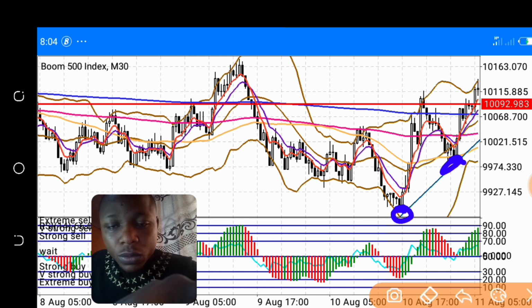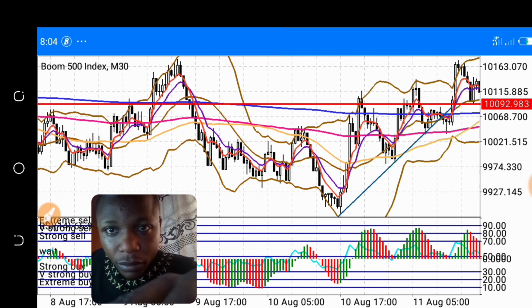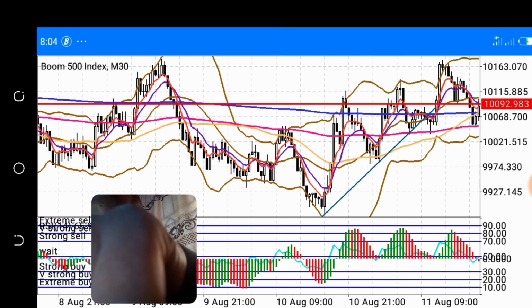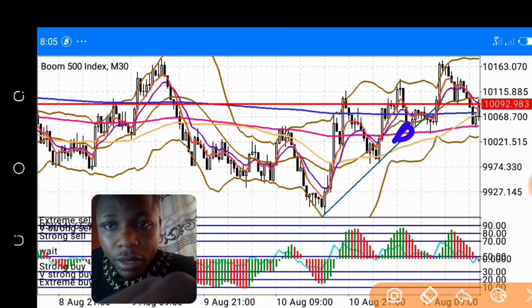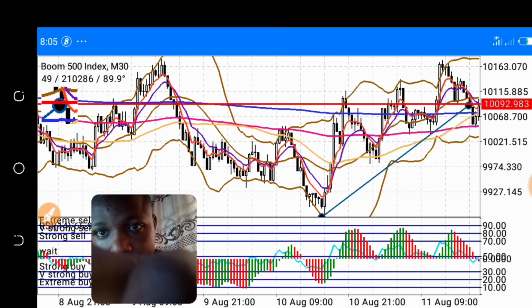Those are the two support levels we drew together. So let's see. Wow, it's respected it here and came back and formed a newer one. So remember, immediately it is forming a new one, adjust.